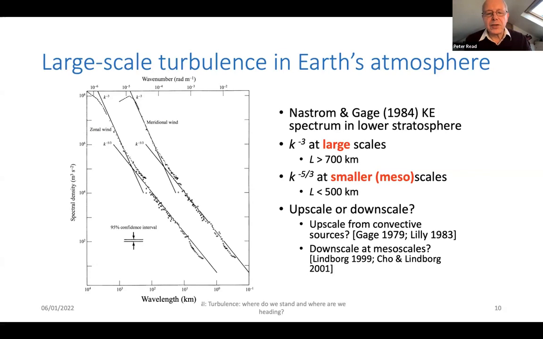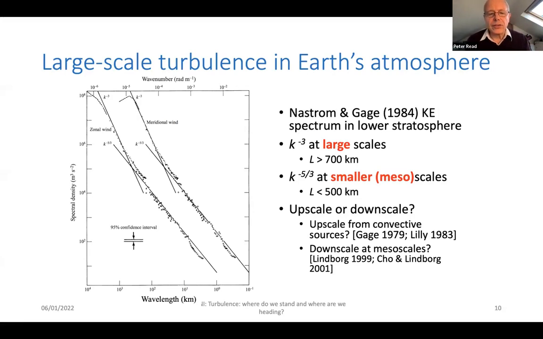Now the -5/3 segment was speculated initially to be essentially an upscale energy cascade, in which it was supposed that the convective sources would be dominant and generating energy at very small scales, at the kilometer scale.